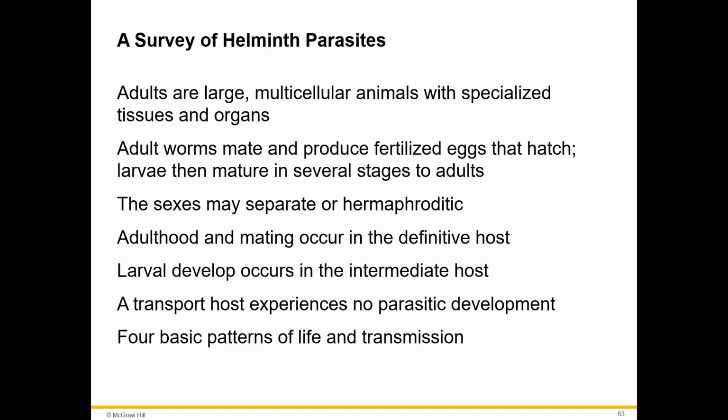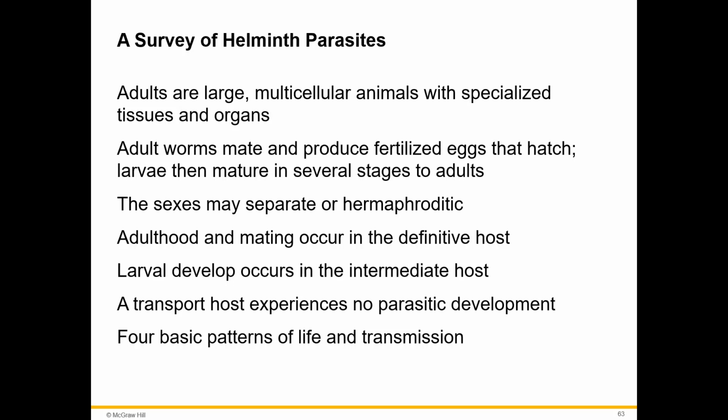With the worms, as we had discussed in labs, we can have either separate sexes or they can contain both sexes, in which case they're hermaphroditic, right? In adulthood, that's when they're mature, and so they're able to mate. They can basically mate in the host, which is the definitive host, okay?